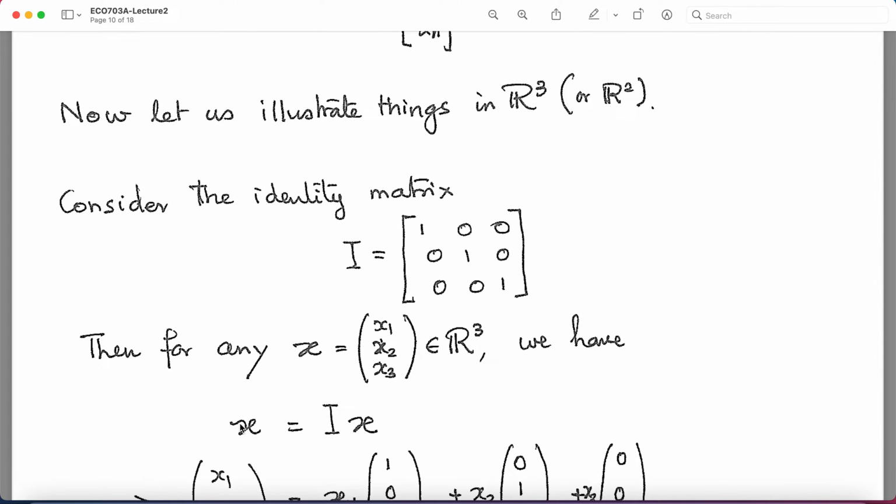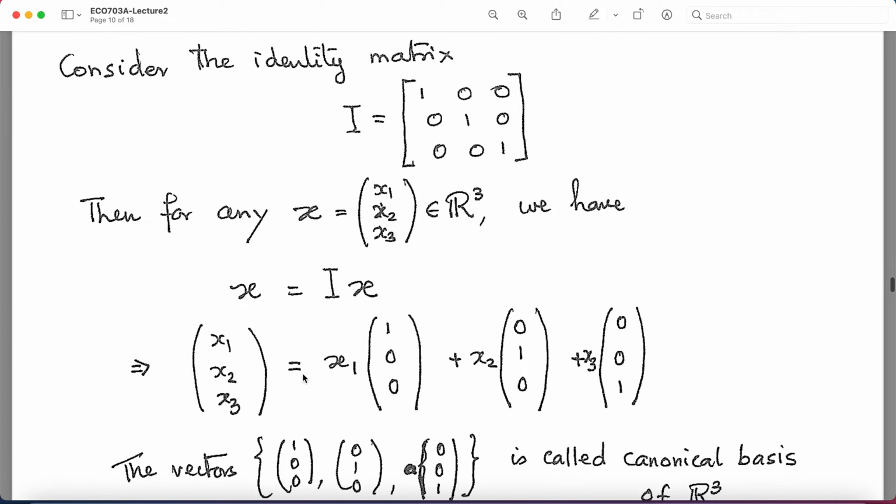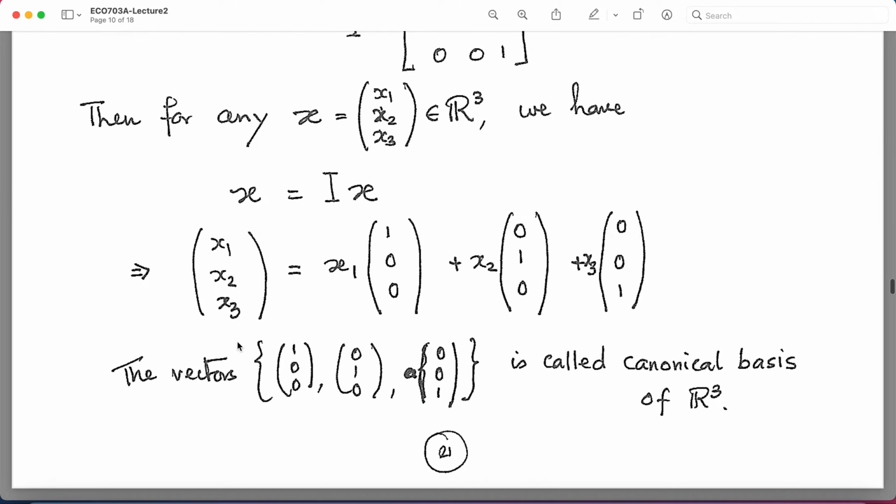So, I x is x. So, x1, x2, x3 is equal to x1 into 1 0 0 plus x2 into 0 1 0 plus x3 into 0 0 1. And hence automatically x1, x2, x3 are the coordinates, which is clear to us. These are called the natural basis or the canonical basis of R3.